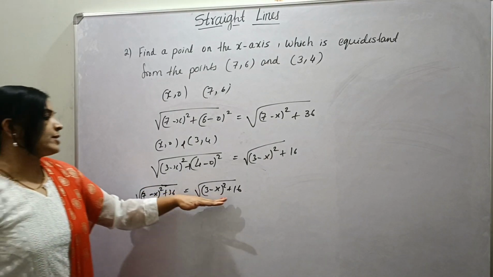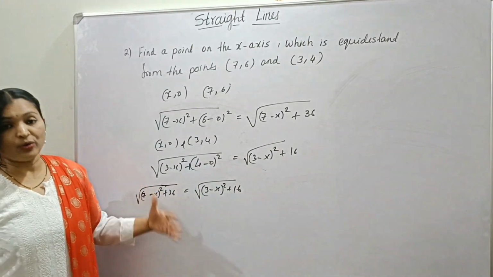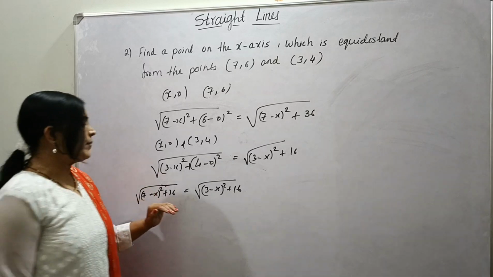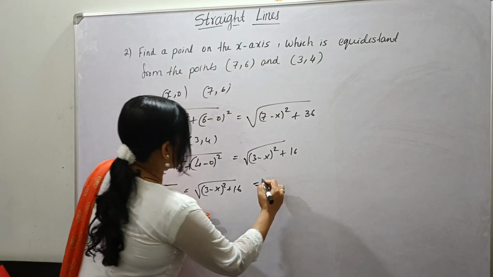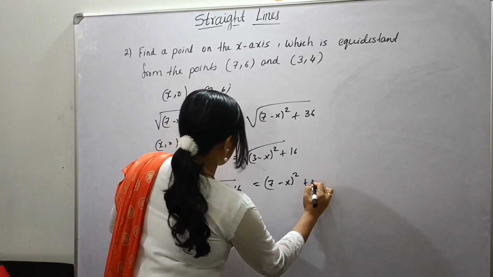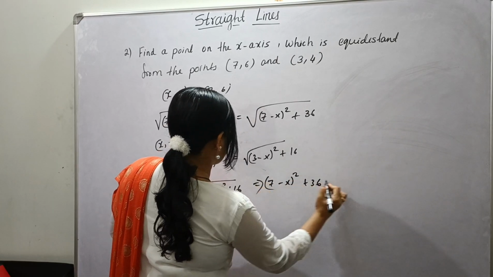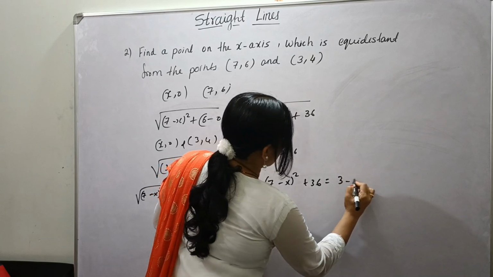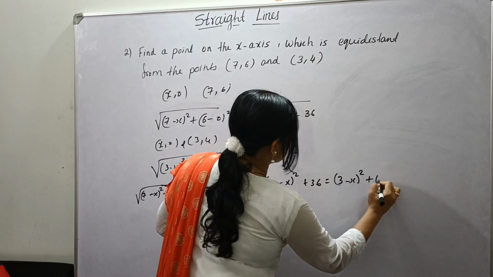On both sides the square root will be cancelled. So it will be (7 minus x) whole square plus 36 is equal to (3 minus x) whole square plus 16.